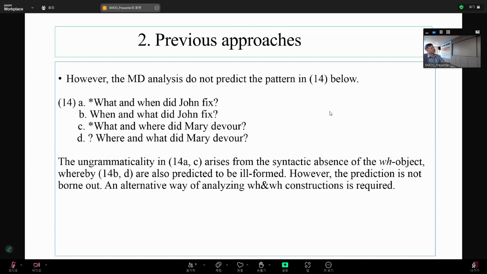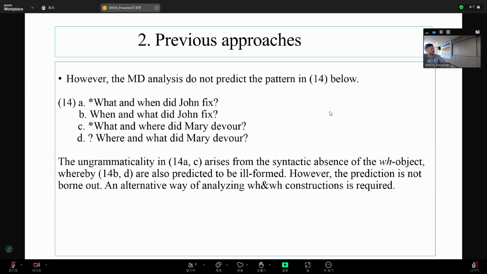However, this multiple dominance analysis does not predict the pattern in 14 below. A, why and when did John fix? Ungrammatical. However, B is grammatical. When and what did John fix? C, ungrammatical. What and where did Mary devour? D, where and what did Mary devour?